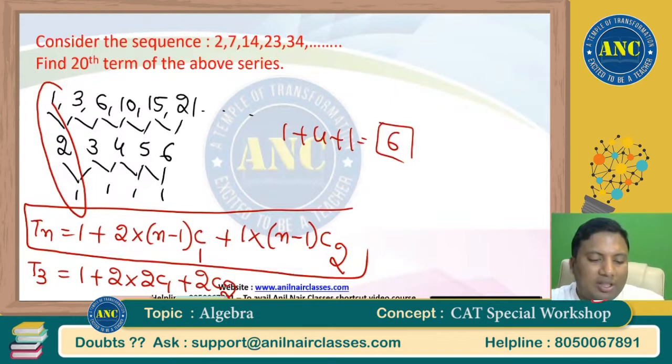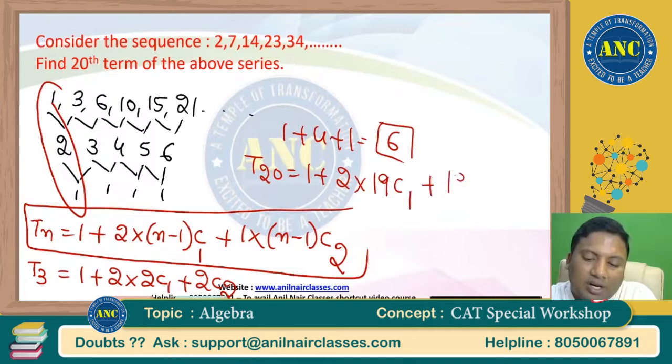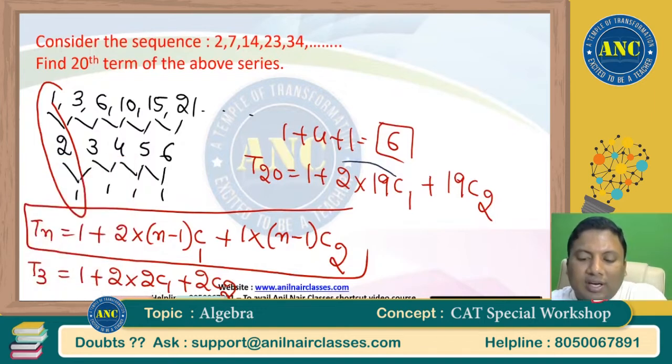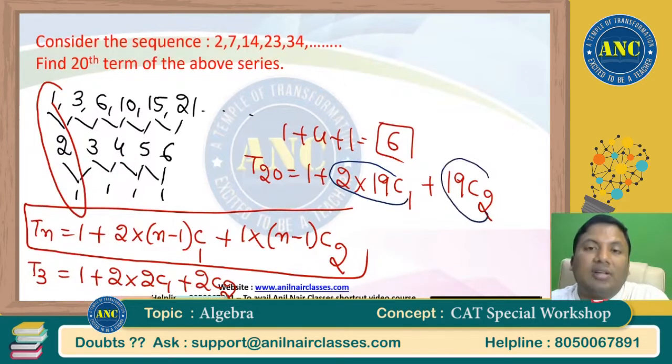So if I want the 20th term, what will be the answer? 1 plus 2 into 20 minus 1, it is 19C1, plus 20 minus 1, it is 19C2. Go by the answer option. 19C1, these are divisible by 19. The answer when divided by 19 should give a remainder 1.